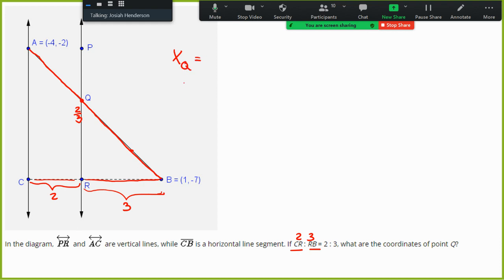xq, it's the same formula as what we've been using for xc. We're just calling it q this time. So starting from a, 2/3, b minus a, x's. So what's 1 minus -4?